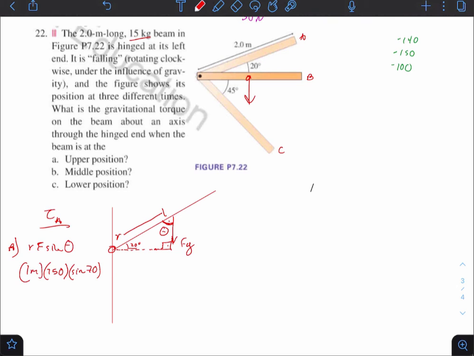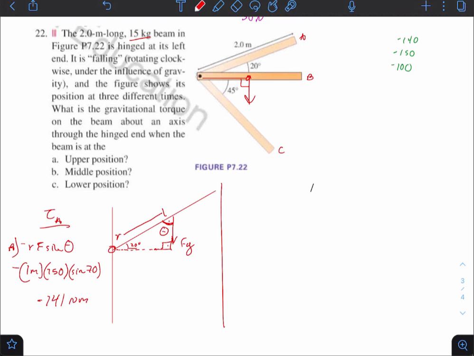So then plugging that in, we get 150 sine 70. And I get 141 Newton meters. But it is rotating it clockwise, so I should have been more careful. Negative 141 Newton meters.